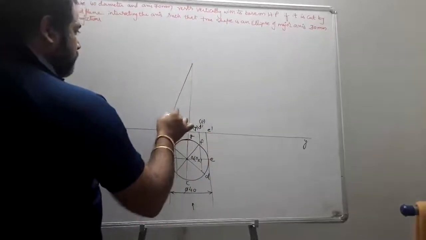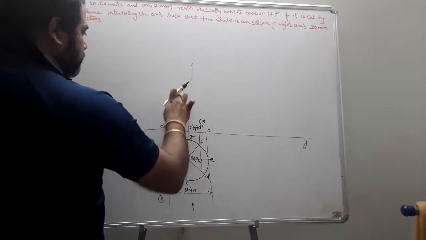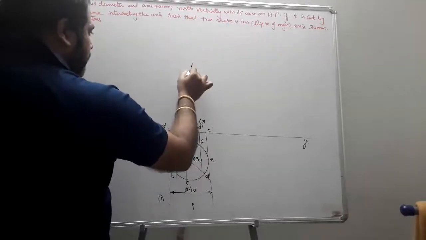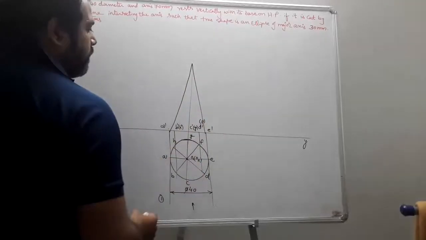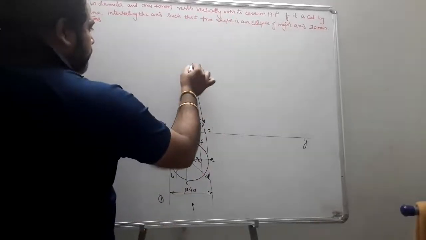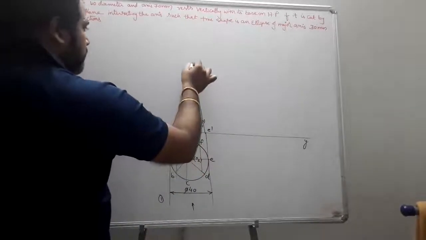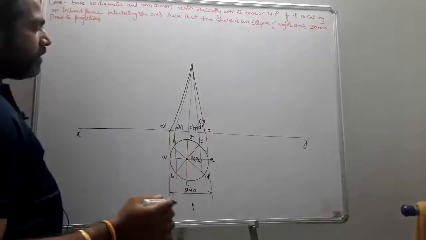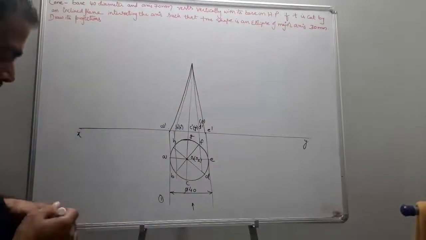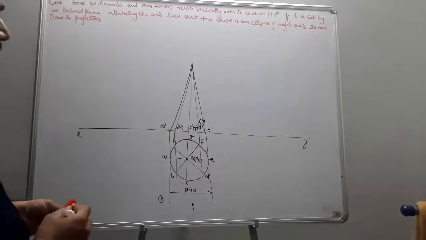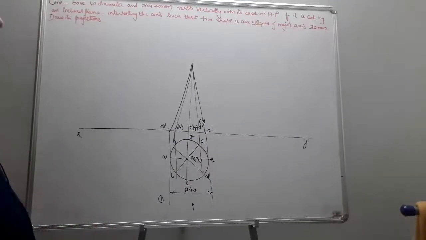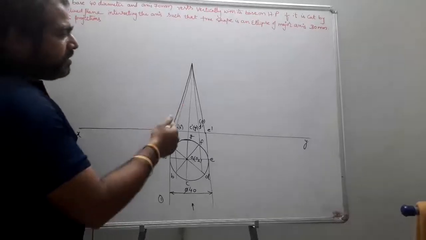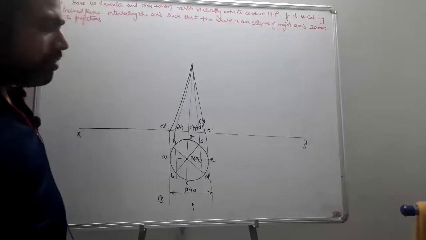Generally for a cone, you are going to join only the end generators. But here I take the remaining generators also for my reference. But for sectional solids, for obtaining the curve, we take the reference generators also.